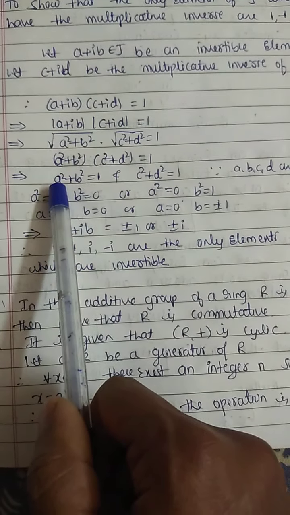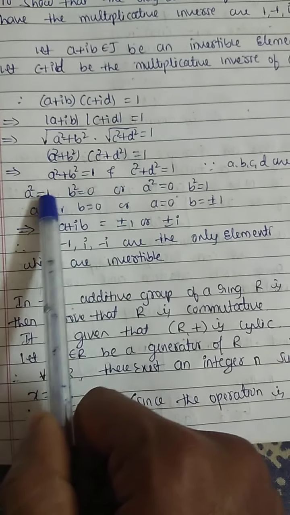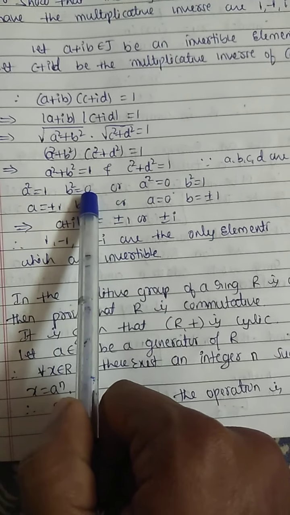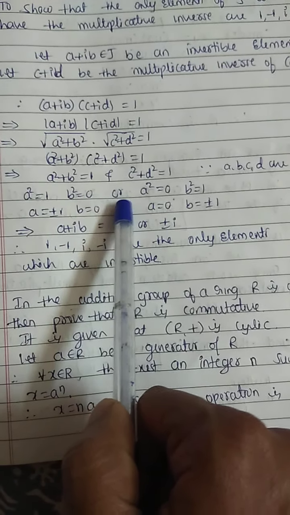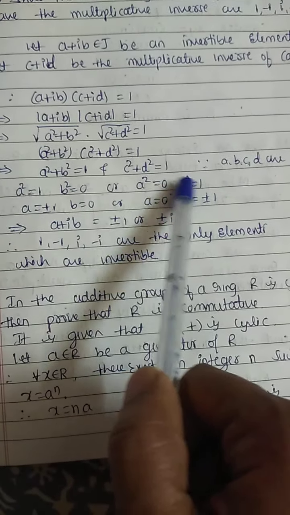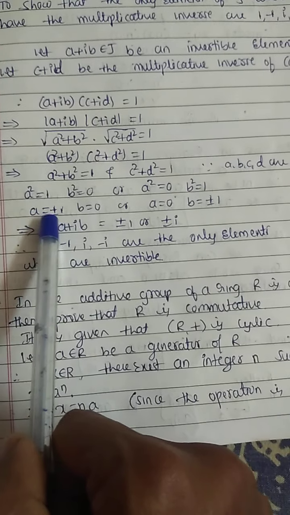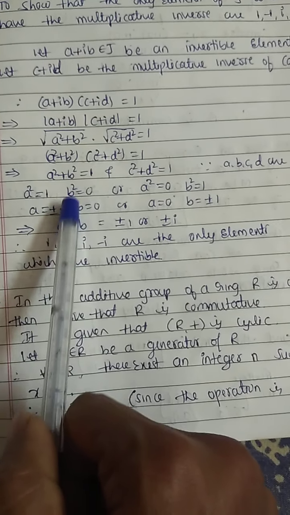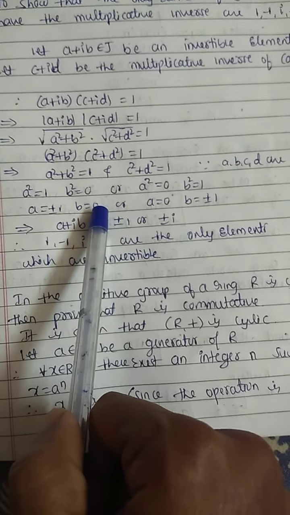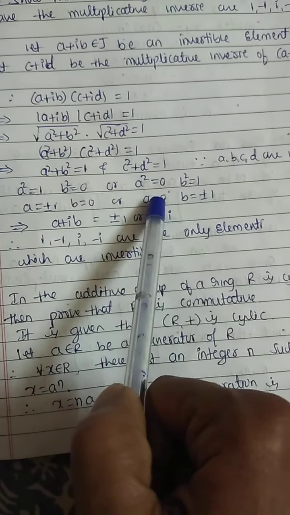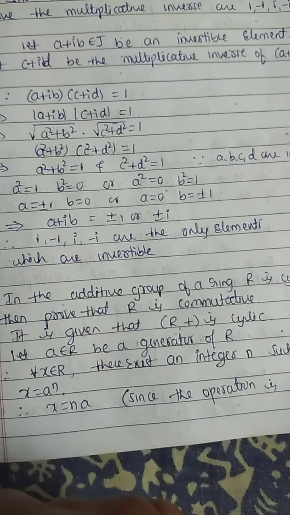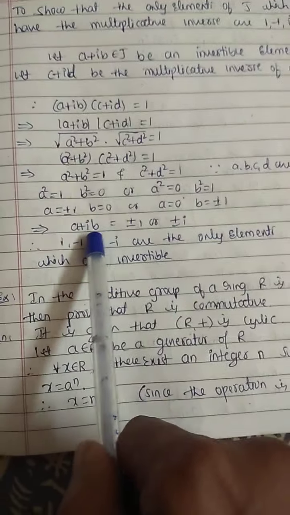This a² + b² = 1 is nothing but a² = 1, b² = 0, or a² = 0, b² = 1. a² = 1 means a = ±1, and b is 0. Here a is 0, b = ±1. What about a + ib?